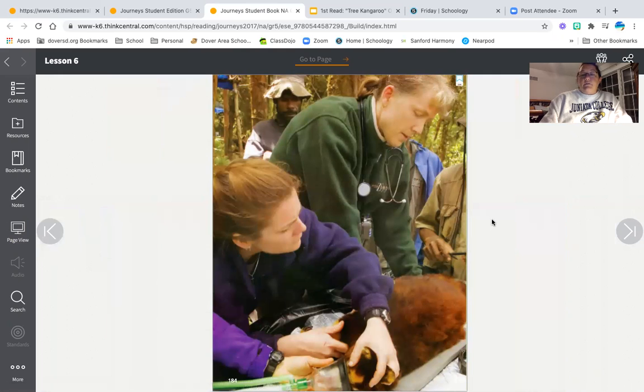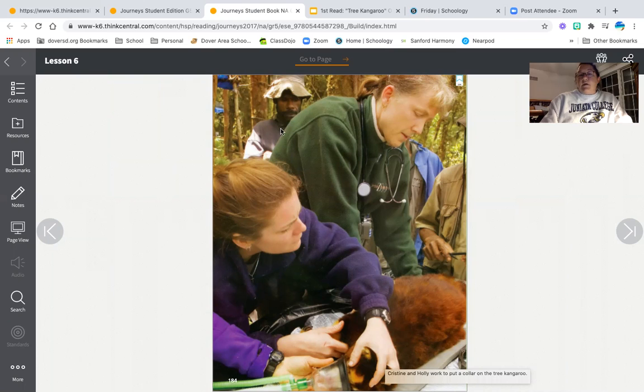All right, so here we are. And you can see they have this mask over the kangaroo, and you can see in comparison with human beings how small that animal really is. Here's a stethoscope around her neck that's used to listen to the heart rate. This here might be Lisa.